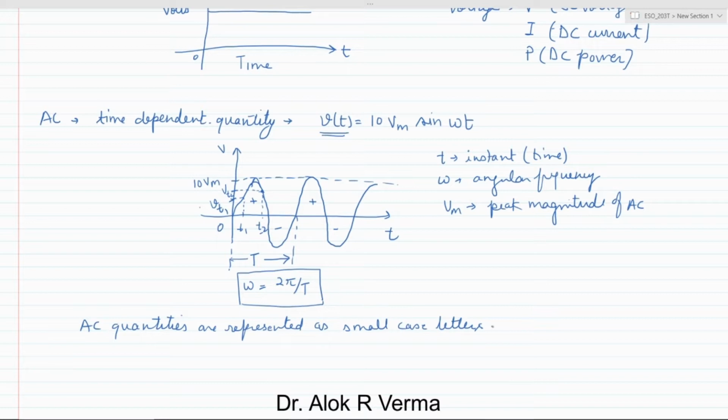For example, small v is an AC voltage, small i is an AC current, small p is AC power or the instantaneous power. This is something which we will be looking into, the variation of different parameters or quantities based upon the time.